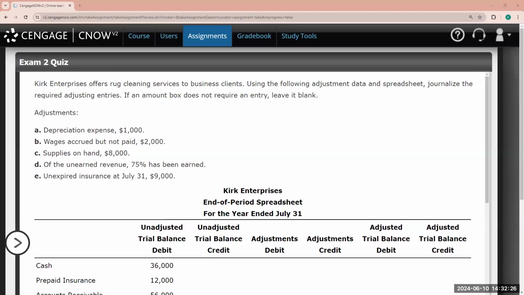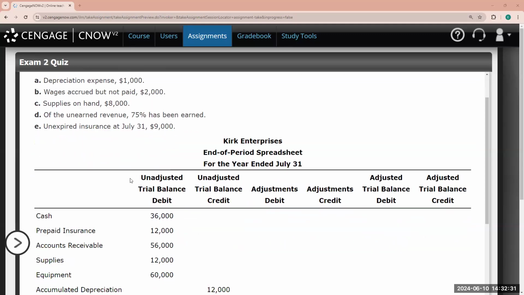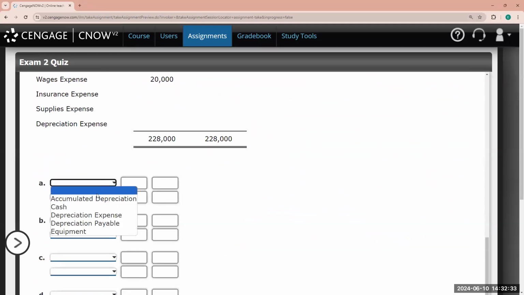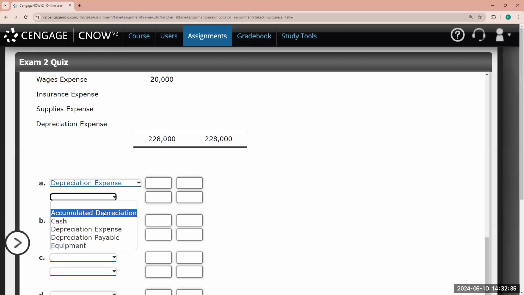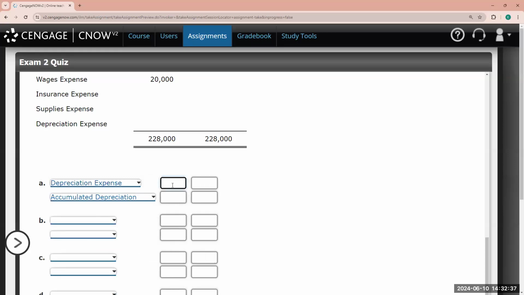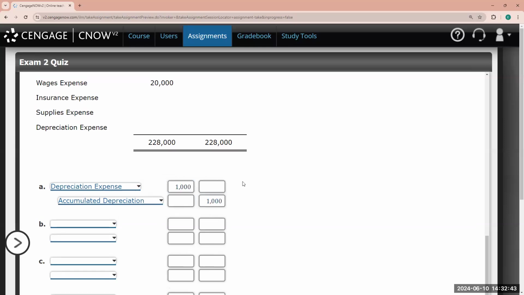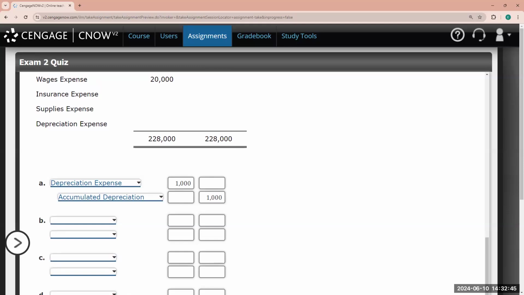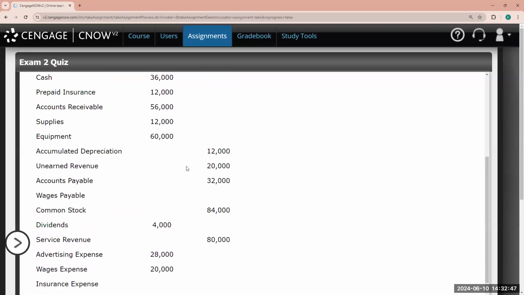Depreciation expense of $1,000. So anytime we record a journal entry for depreciation, our journal entry is always as follows. We debit depreciation expense and we credit our accumulated depreciation account. So we debit depreciation expense for $1,000 and we credit accumulated depreciation for $1,000.